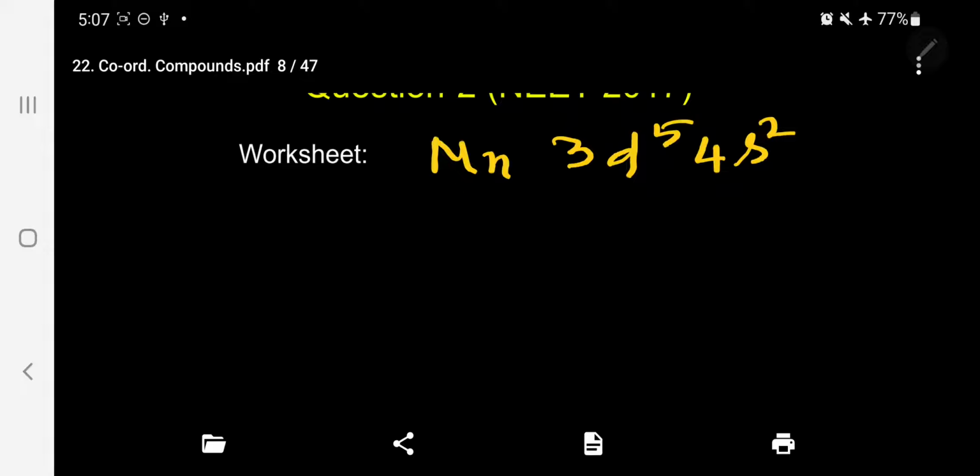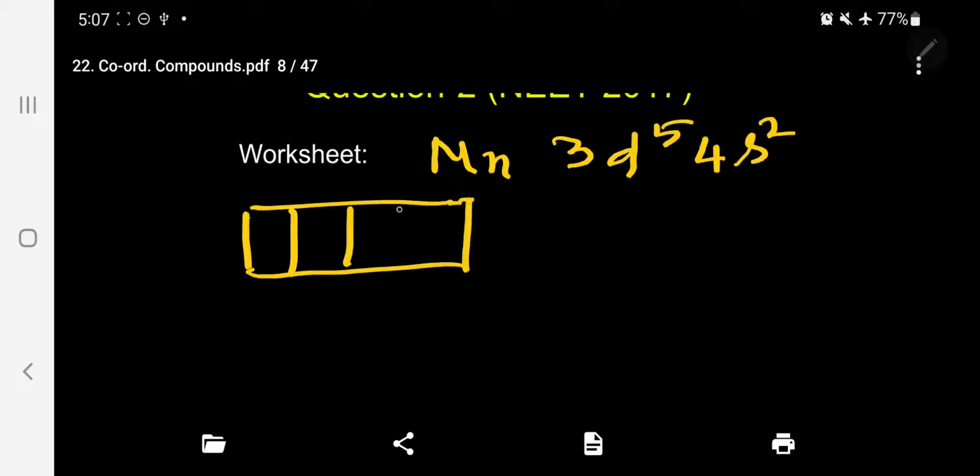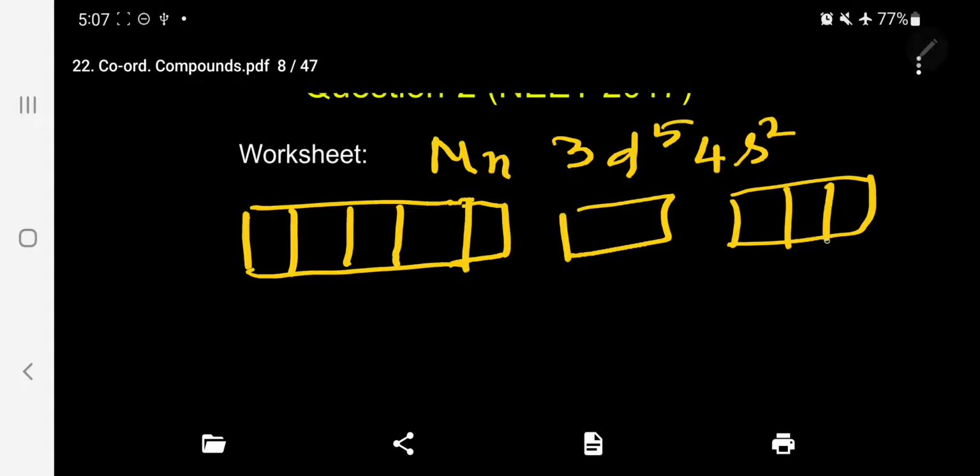Now, the corresponding oxidation state I can write in electronic configuration form, the conventional method: 3d has 5 electrons, 1, 2, 3, 4, 5, and this is 4s2.